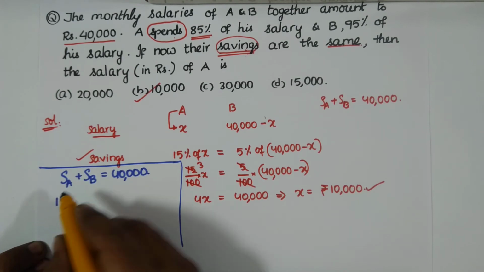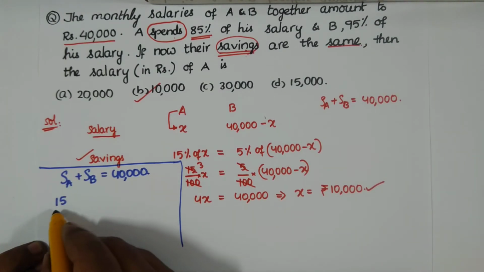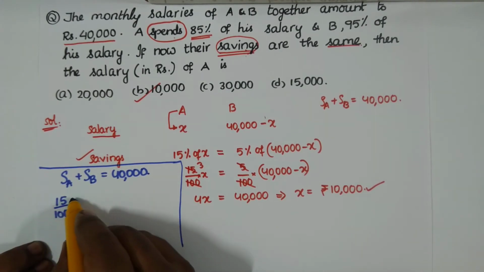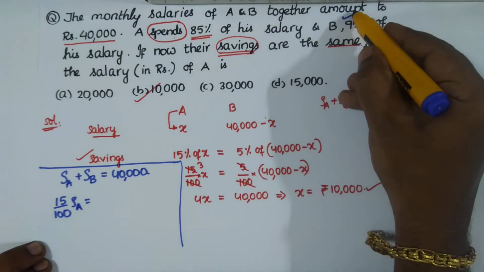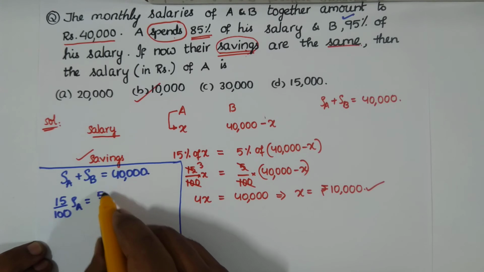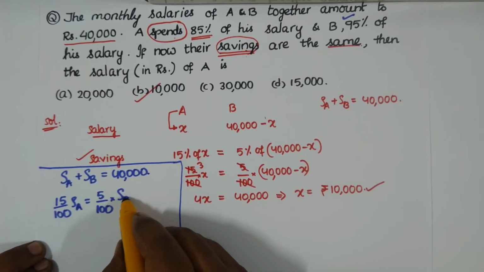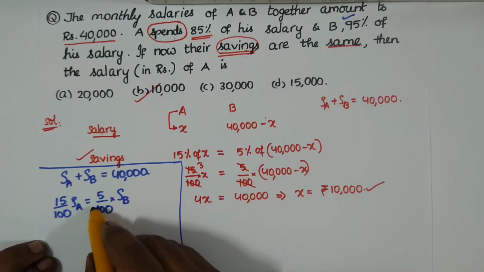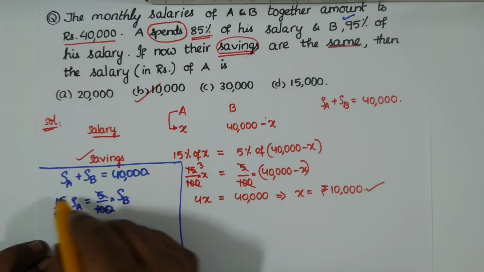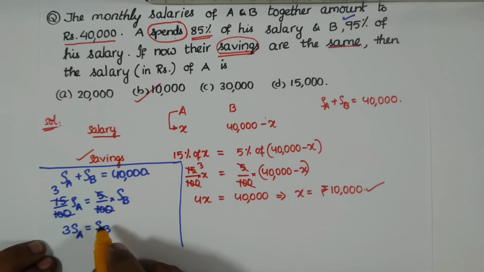15% of salary A is the saving, and this equals 5% of B's salary, since the savings must be the same. Finally, 5 threes are 15, so we have 3 SA equal to SB.